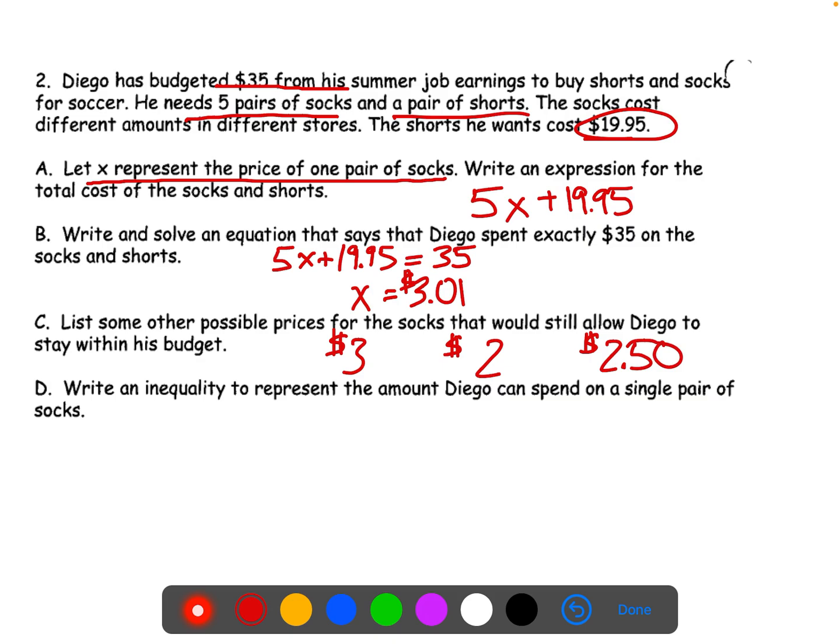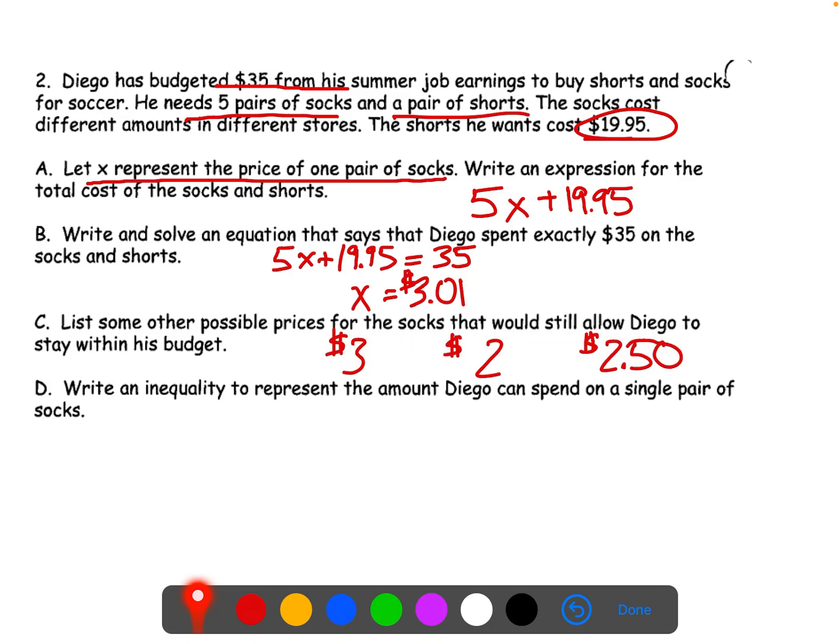Okay? And then lastly, write an inequality to represent the amount Diego can spend on a single pair of socks. So we don't necessarily have to turn our equation, well, we could write our equation as an inequality. I think what we need is just a statement that's going to represent all these possible sock prices.